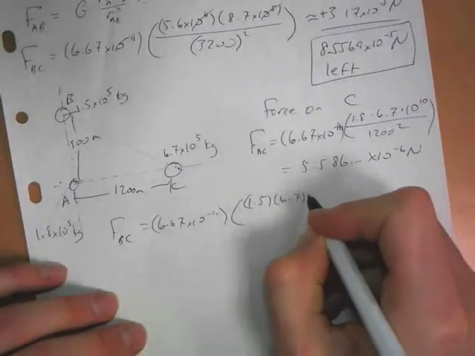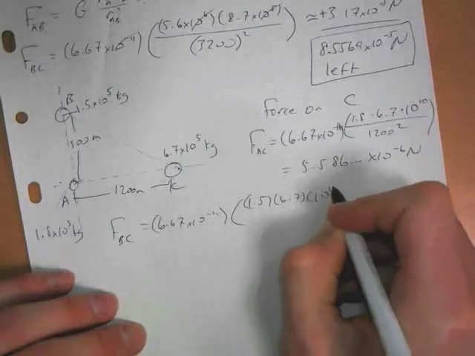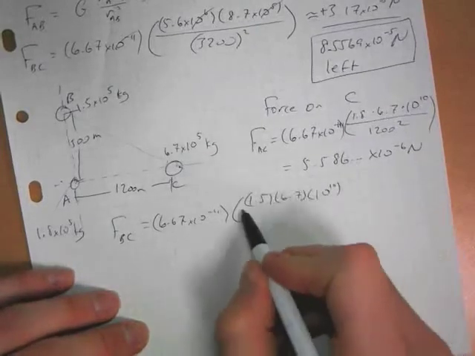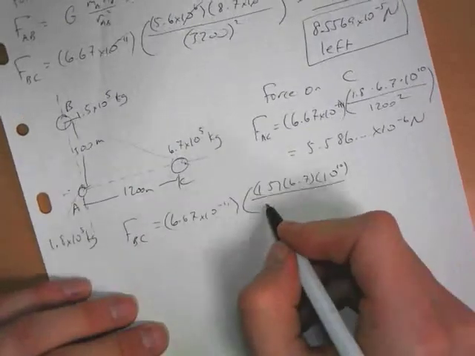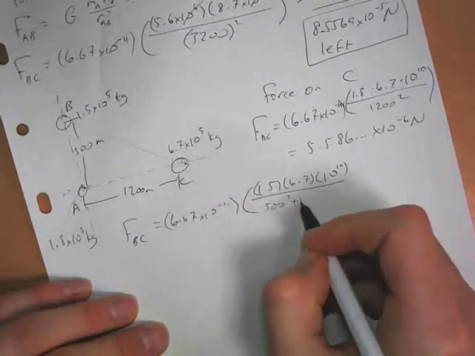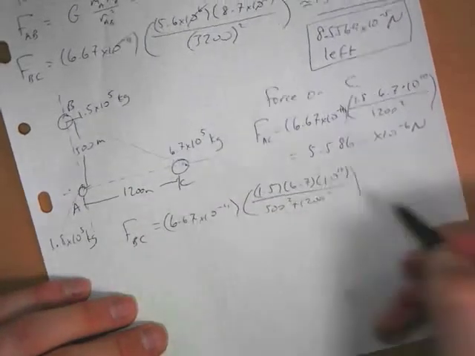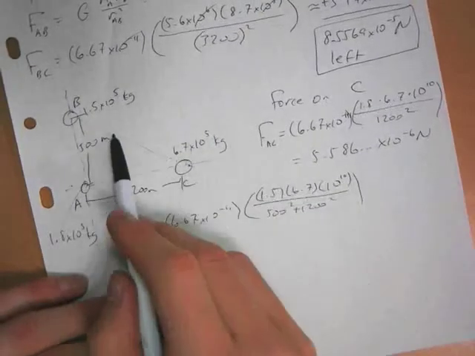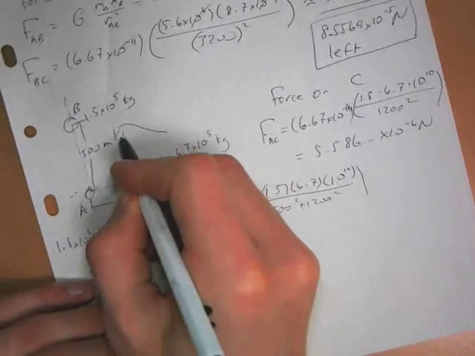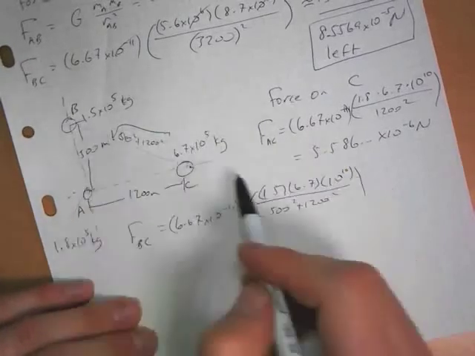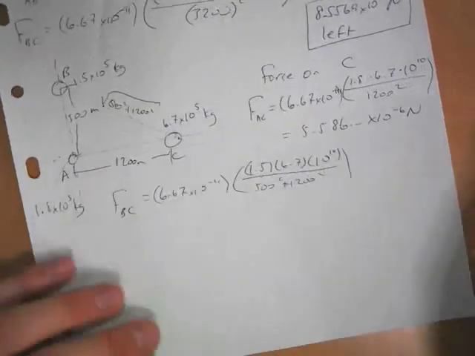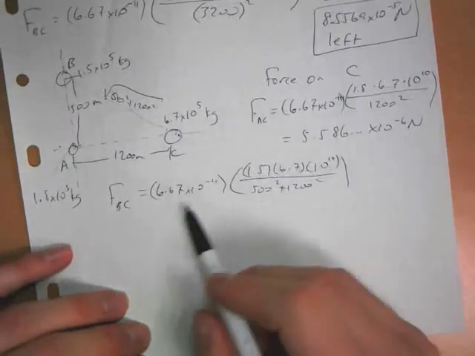Together they have a factor of 10 to the 10th, all over the distance between them squared, which is 500 squared plus 1,200 squared. As this hypotenuse would be the square root of 500 squared plus 1,200 squared. And so then when you square that, you just get 500 squared plus 1,200 squared. But this is the magnitude of the force.